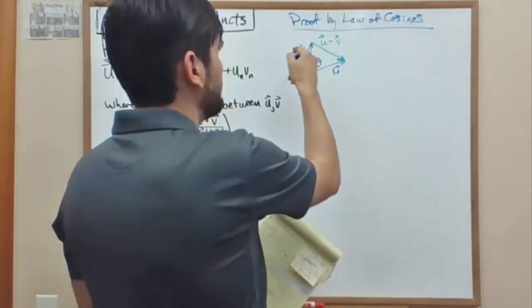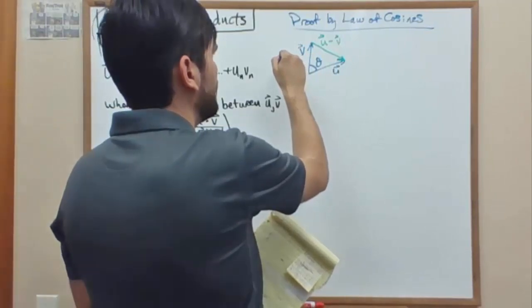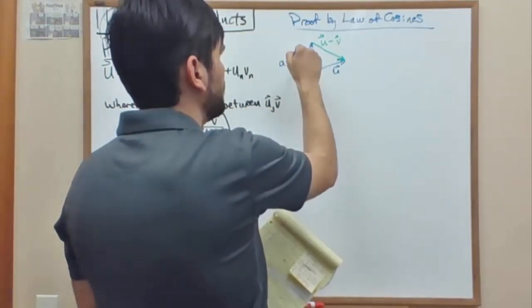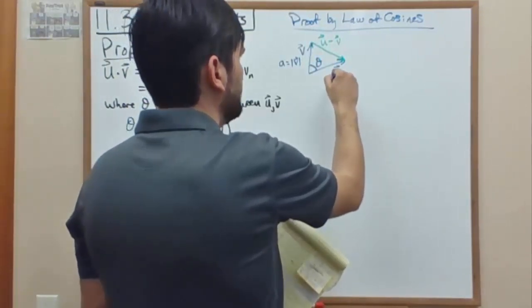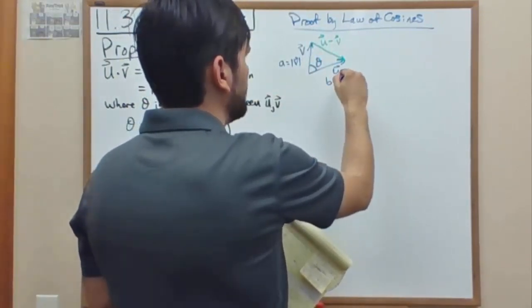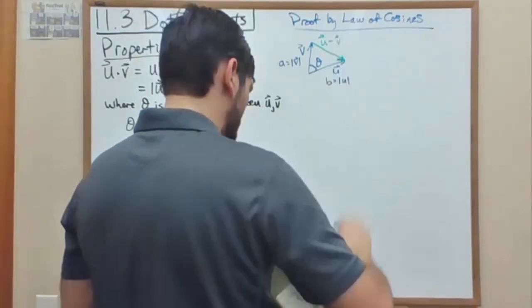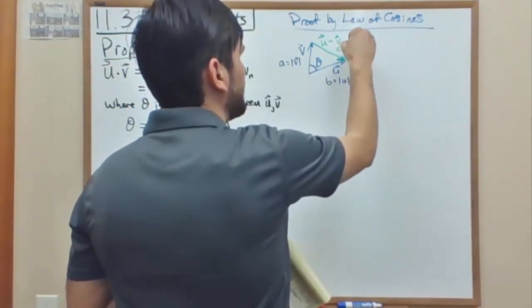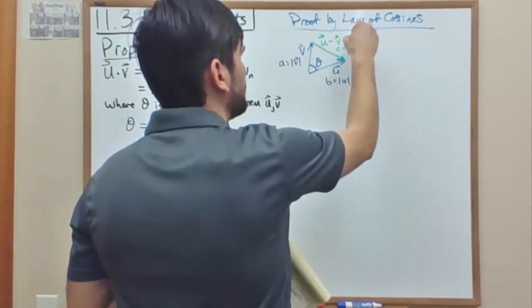Let's describe a as the magnitude of v, b as the magnitude of u, and c as the magnitude of u minus v.